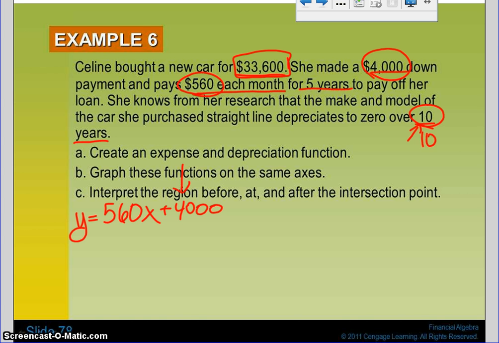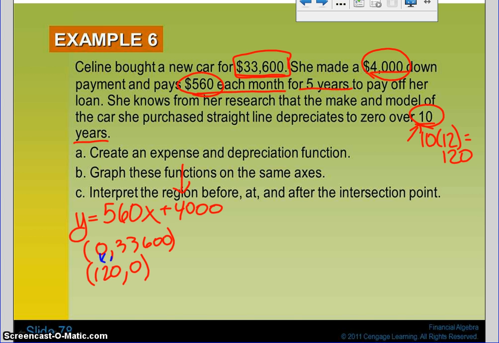Well, 10 years times 12 months in a year means that it's 120. So when we're solving for our slope, we're going to use that 120 instead of the 10. We've got our intercepts of 0, 33,600, and 120 months, it'll be worth 0.